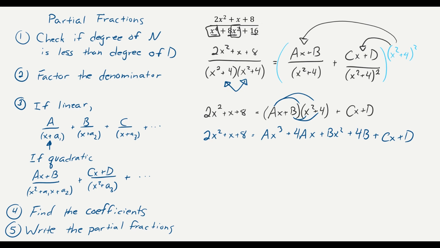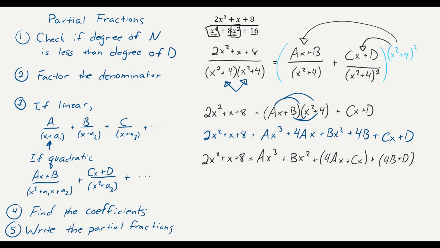Now I'm going to rearrange these in order of the power. So we're going to say ax cubed plus bx squared plus, now I have two x's, so 4ax plus cx, and then my constants, 4b plus d.